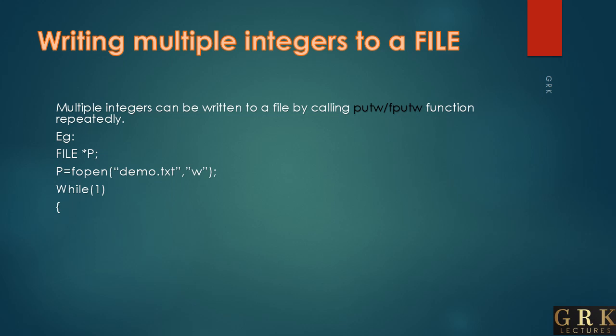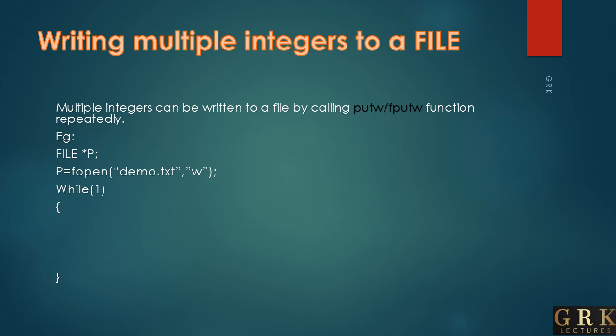When we are trying to write multiple integers to the file, the putw function should be called repeatedly. That's why I am using a loop, a while loop. Between the parentheses I am writing 1. One means the loop is always true, so it will be executed an infinite number of times.